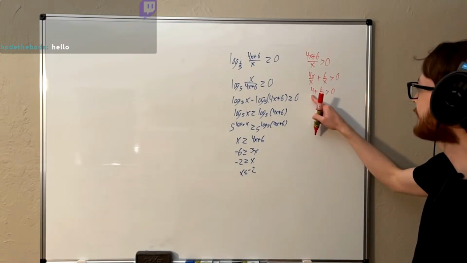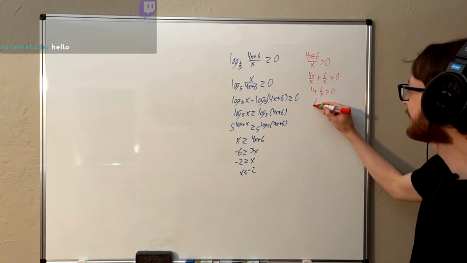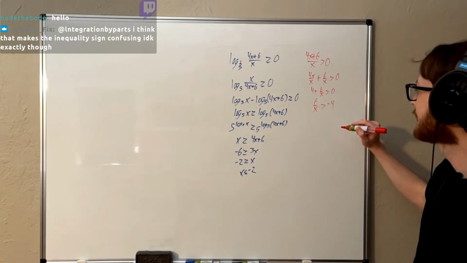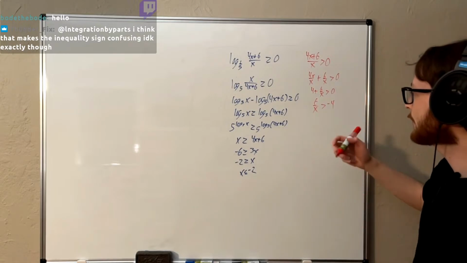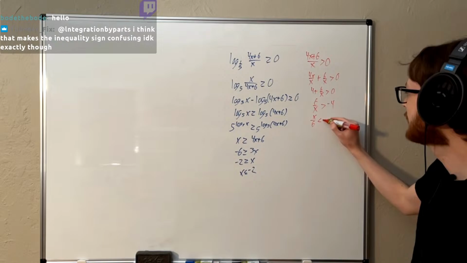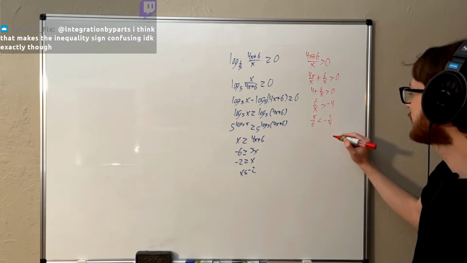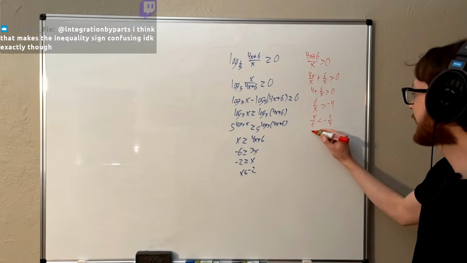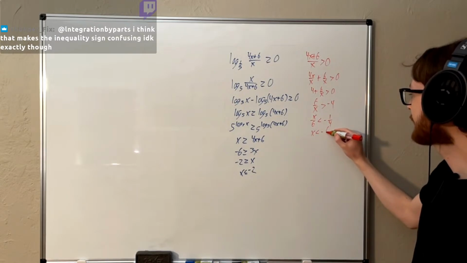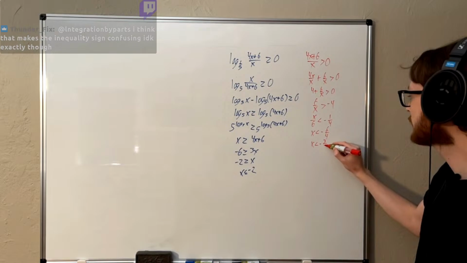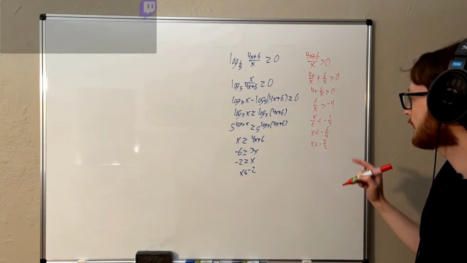I'm going to subtract the 4 over, I guess. 6 over x greater than negative 4. I'm going to flip both sides to get the x up top. That does flip the inequality. Multiply each side by 6 to get x is less than minus 6 over 4, and that simplifies to minus 3 over 2.